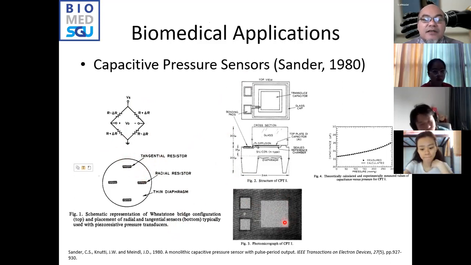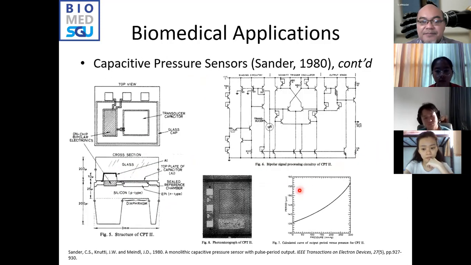But now we immediately measure the capacitance between the two electrodes, between the fixed diaphragm and the moving diaphragm. As we can see here, the configuration is simpler compared to resistance-based sensor. In resistance-based sensor, you need these four sensors attached to different places in the diaphragm, and they are connected through this Wheatstone bridge. While in capacitance sensor, you don't need that. You just measure then the capacitance change.